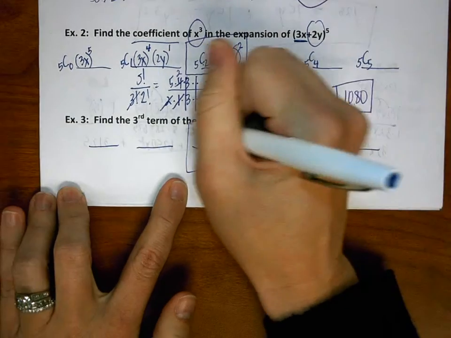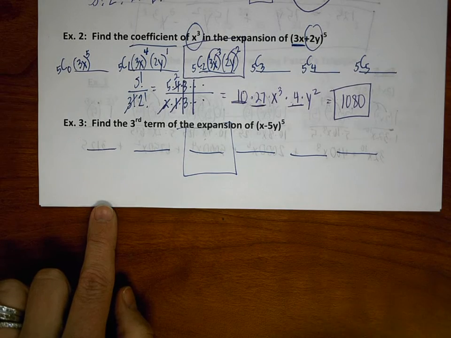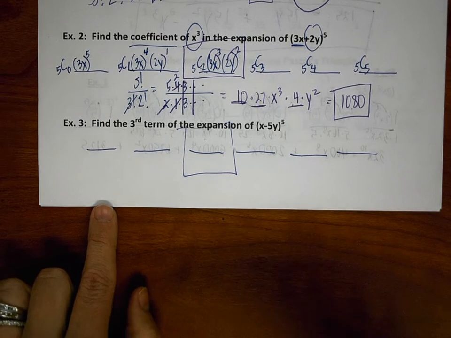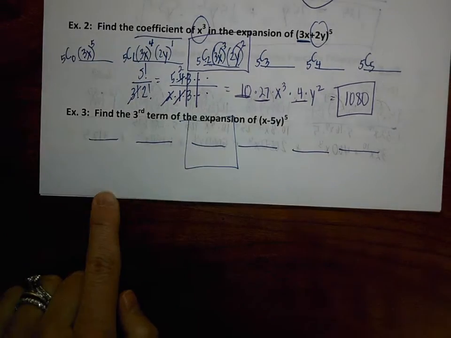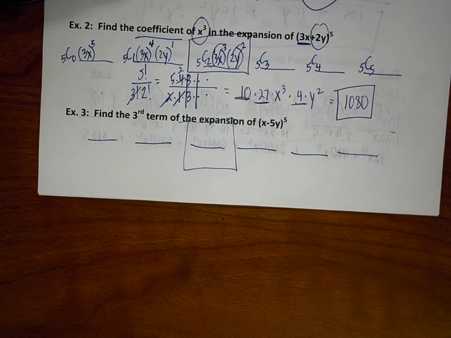They want the third term. Okay? So they want the whole term, though, not just the coefficient. They want the whole term. So I'm going to give you just about a minute or so to see if you can get it. You can write it on your whiteboards, too. Just show me if you want to.